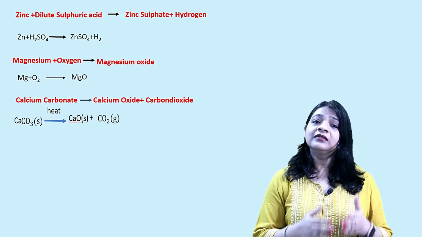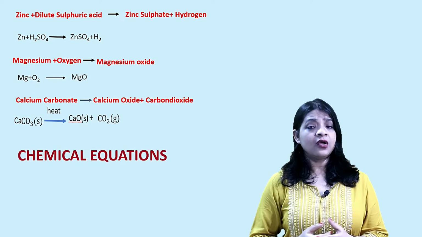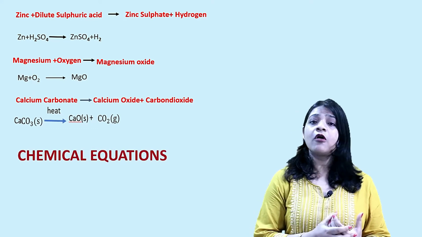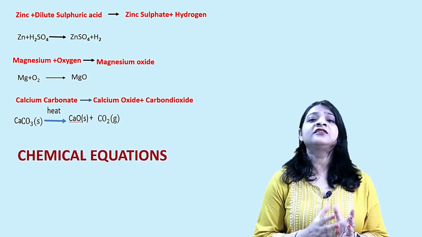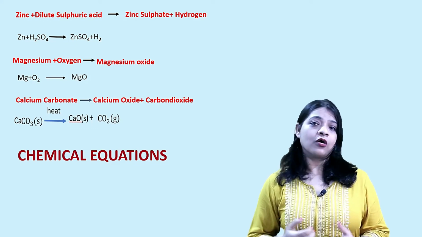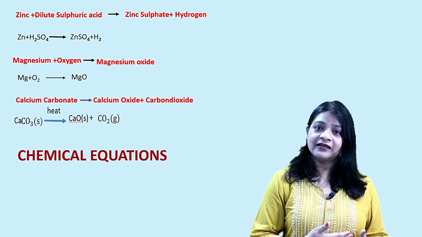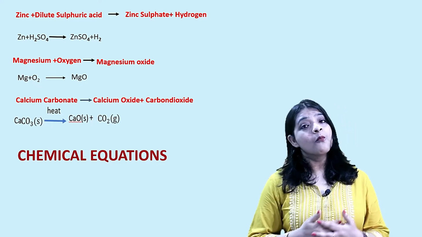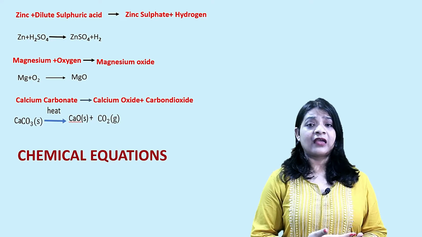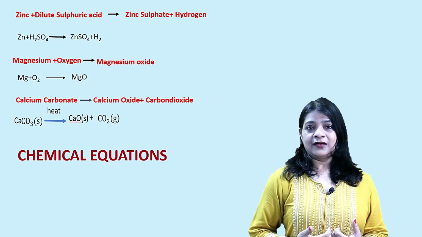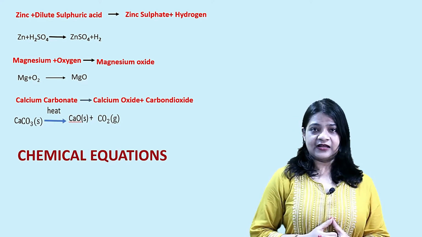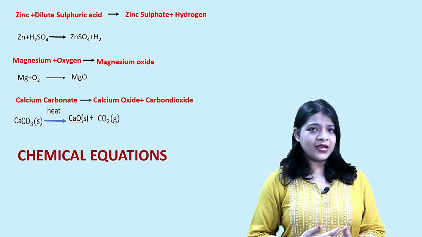So this type of representation also gives us information about the state of the reactants or the products. So it helps us to understand chemical reactions better, and it is also simpler and more concise.